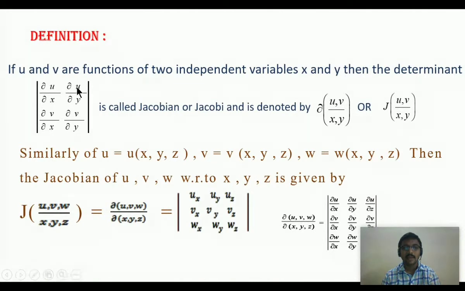Definition: if u and v are functions of two independent variables x and y. So here u and v are two functions with respect to x and y.